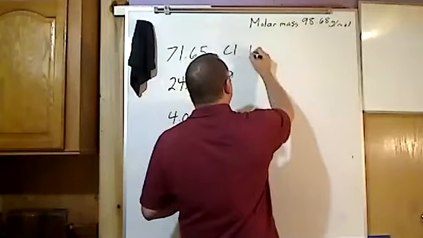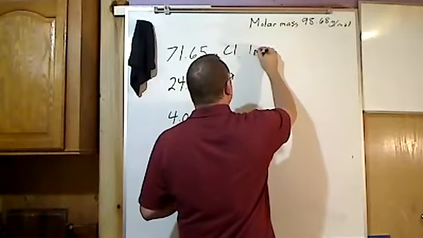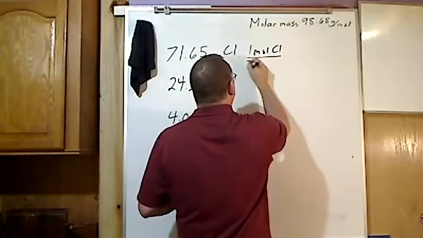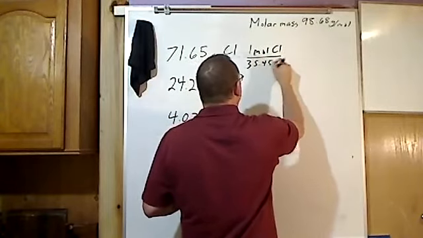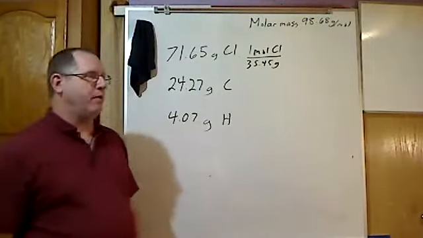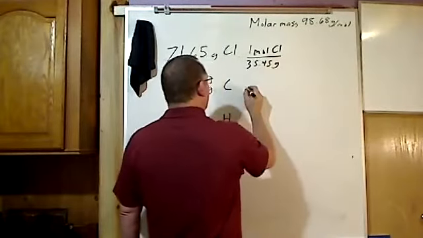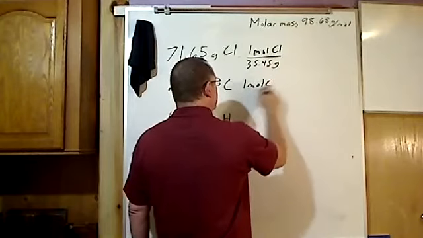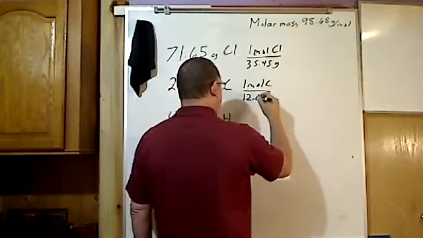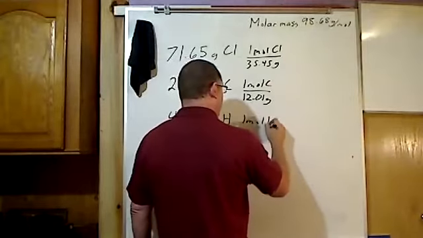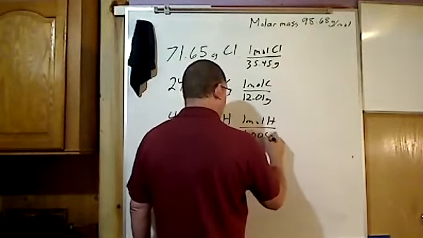And I know that 1 mole of chlorine has a molar mass of 35.45 grams. 1 mole of carbon is 12.01 grams, and 1 mole of hydrogen is 1.008 grams.